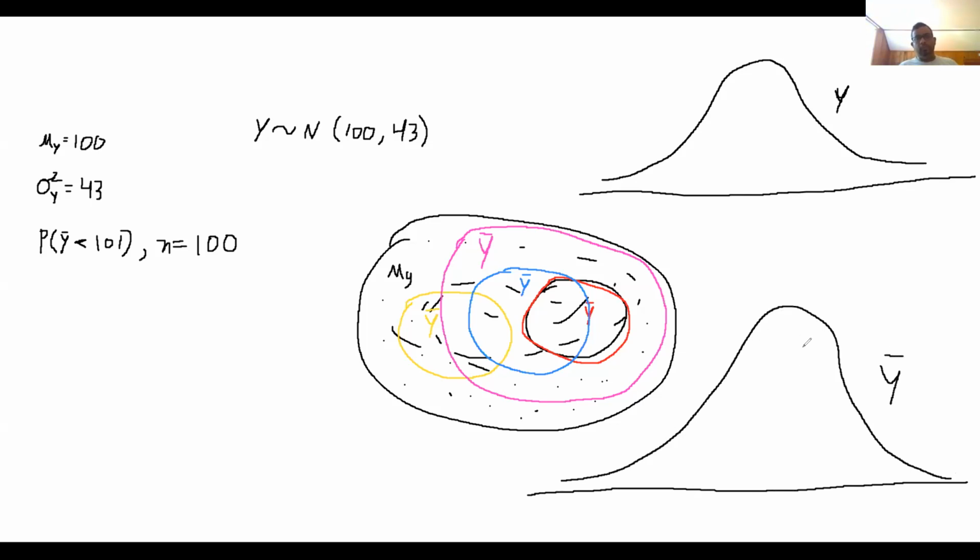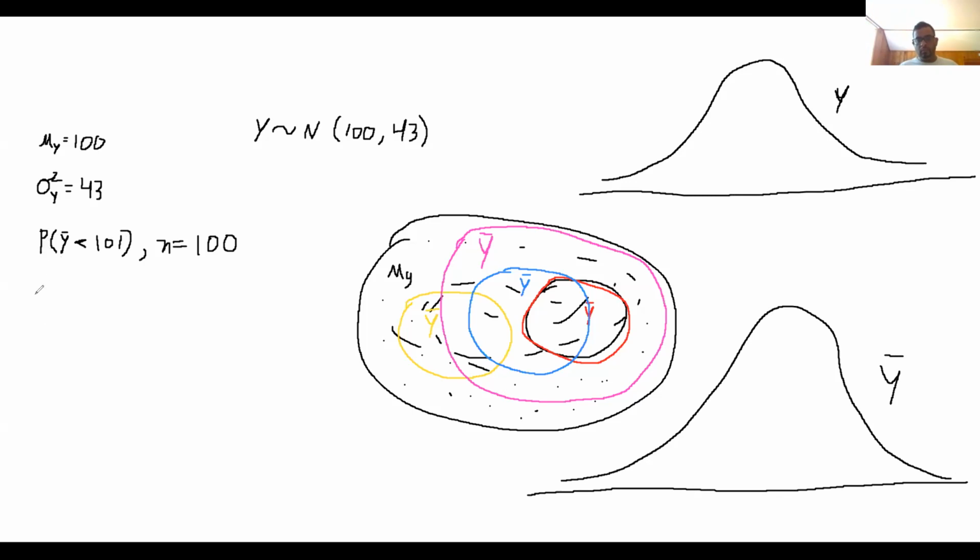Correct. And that is why we can use the step we are going to use to solve this, which is that we are going to standardize it. And from that standardization, then we can find this probability.